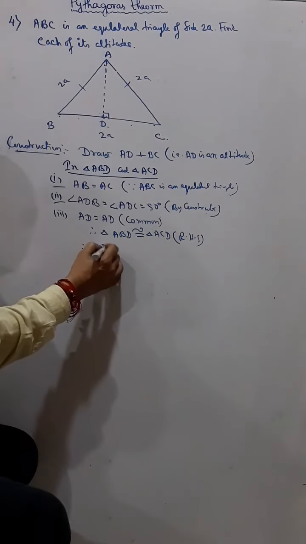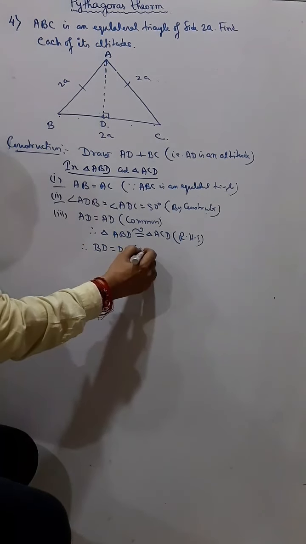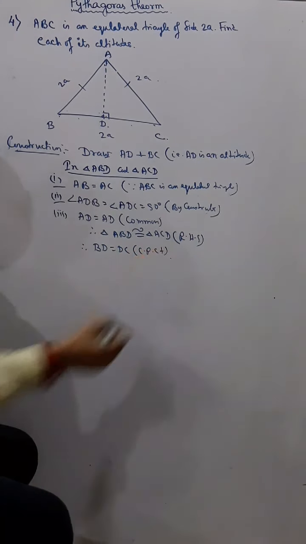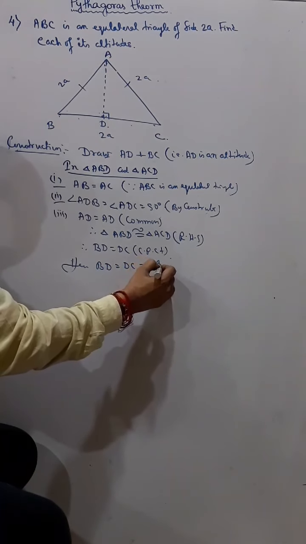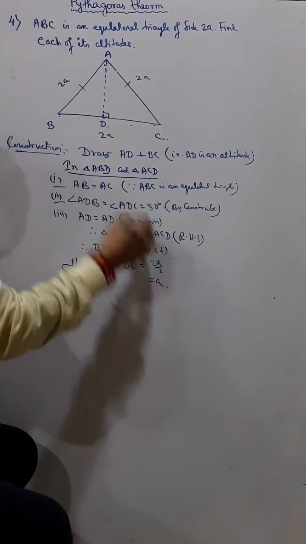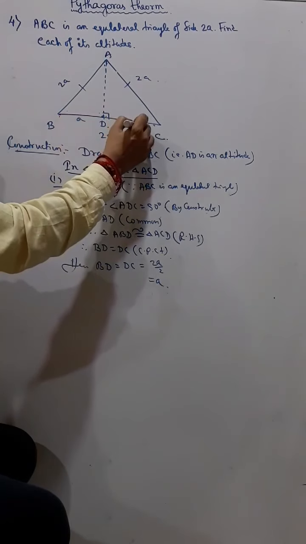Therefore BD equals DC by CPCT, and hence BD equals DC equals 2A by 2, that is, A and A each.